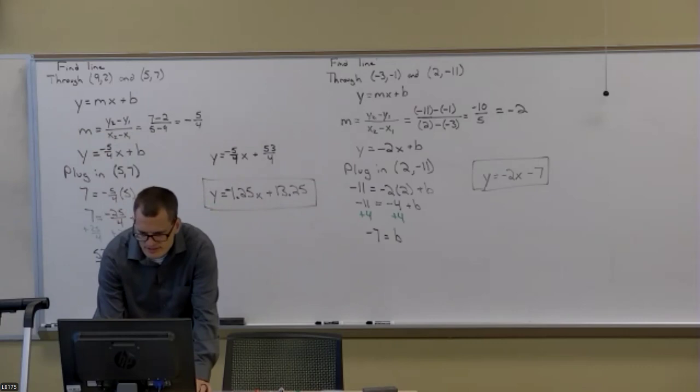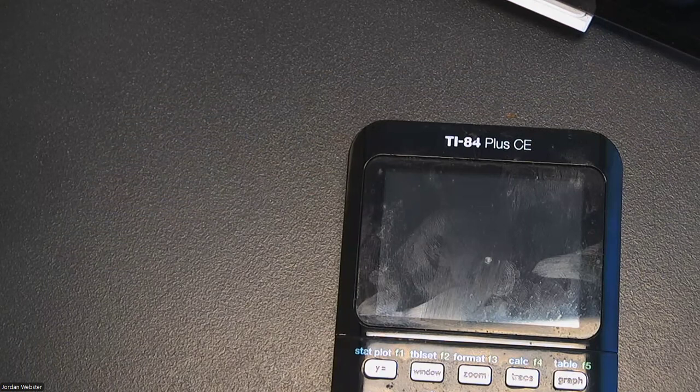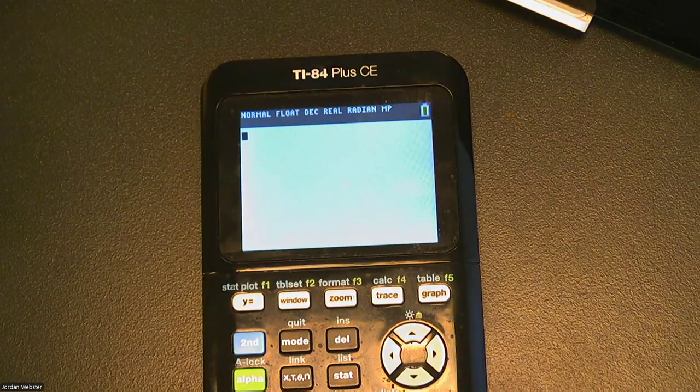Now, I want to do just an aside real quick. Since I am talking about fractions versus decimals and things like that, let's say we did this last step where we took 7 plus 25/4.